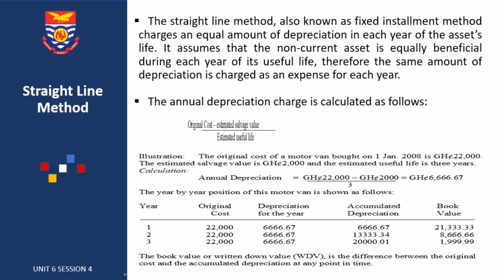And so we have 21,333.33. In year 2, again, we'll have the cost of the asset as 22,000. Because we are using the straight line method of depreciation, the depreciation charge for each year will be the same. So for year 2, the depreciation will be 6,666.67. Now the accumulated depreciation for year 2 will be the depreciation for year 1 plus the depreciation for year 2.